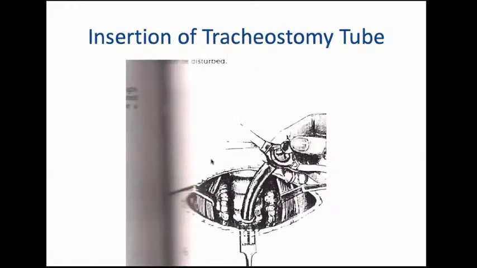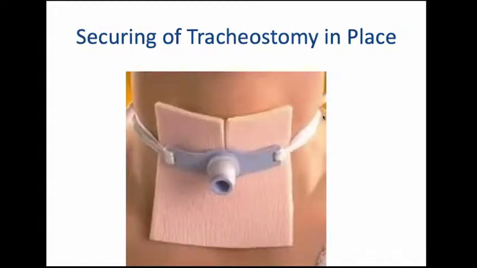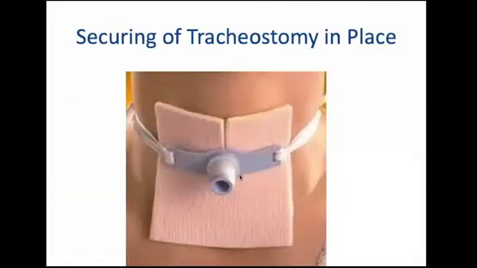So once you've made your opening in the trachea, you insert that tracheostomy tube in, and then you secure it on the side. When we have just done a tracheostomy, we secure it using stitches.